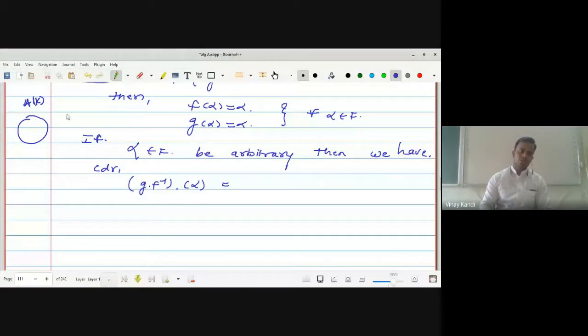This one is G_K(F). Okay, so f inverse belongs to A(K).